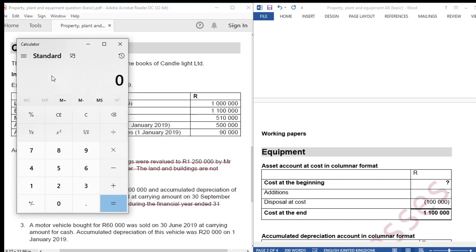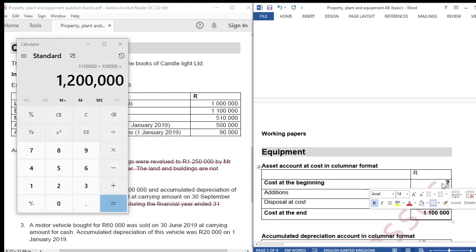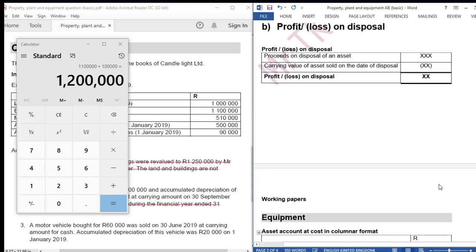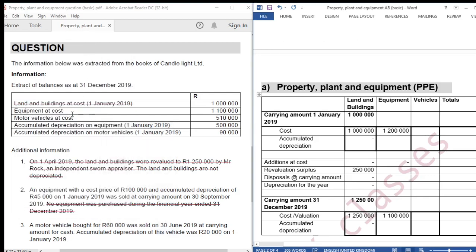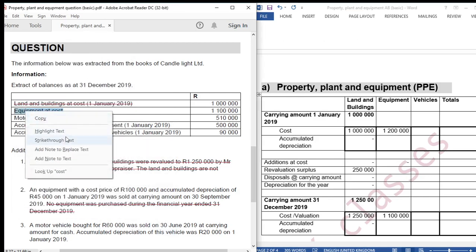We are going to say 1,100,000 plus 100,000. This is going to be 1,200,000. Cost at the beginning 1,200,000. Then here, let's strike through.